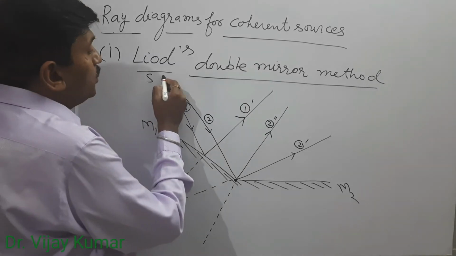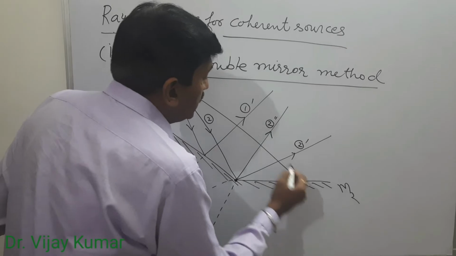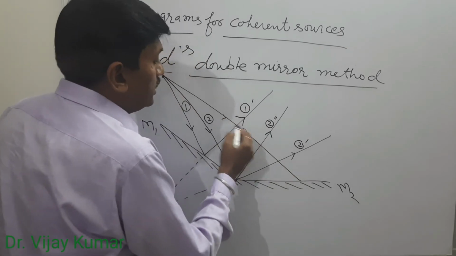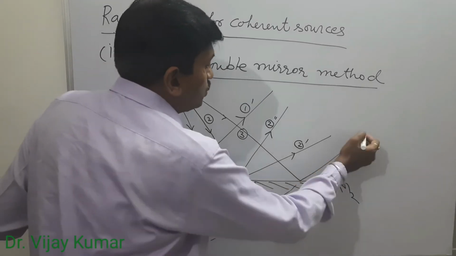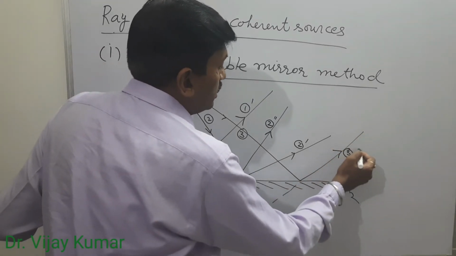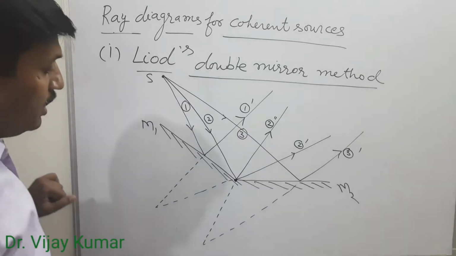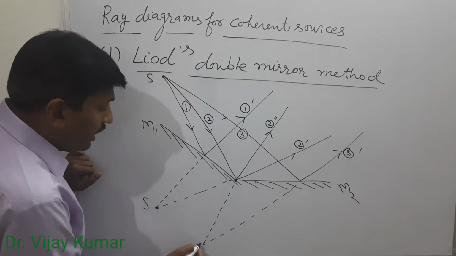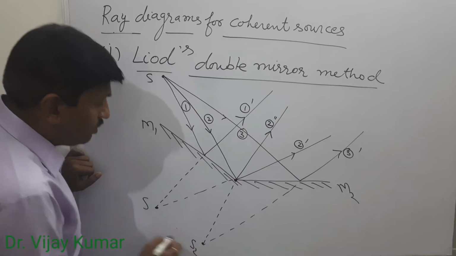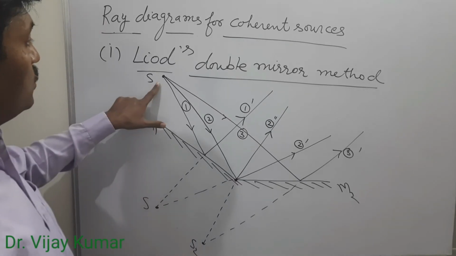Suppose this is the third incident ray, and this should be the third reflected ray, and S1 and S2 are both images of this source S.